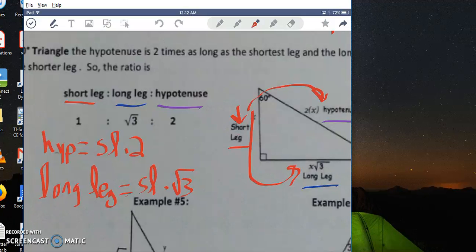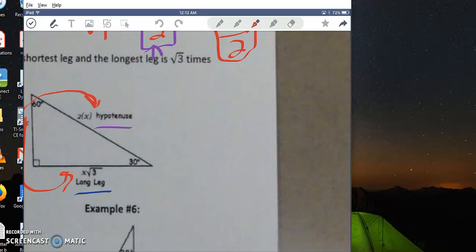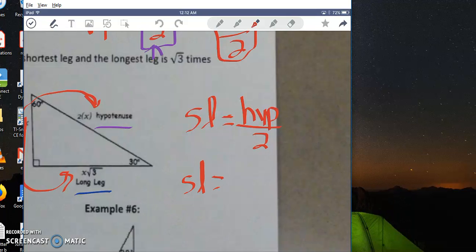The short leg, which we'll say SL, is equal to the hypotenuse divided by 2, or the short leg is equal to the long leg divided by radical 3.